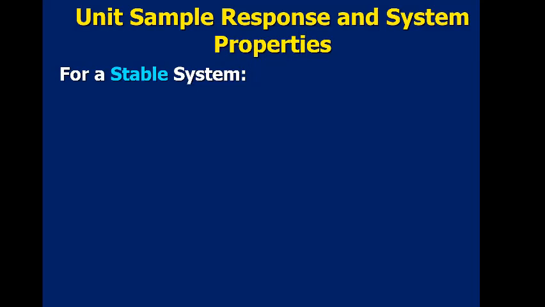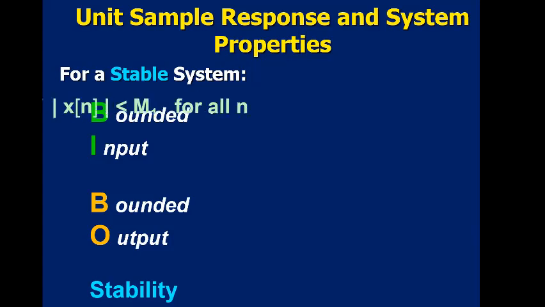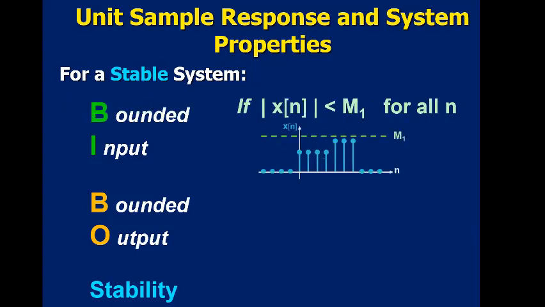We call that kind of definition of stability bounded input, bounded output stability, BIBO stability, which just means that if I put in a bounded input, any bounded input sequence, and by bounded input we mean all of the sample values of x of n, for all n, have absolute values less than some upper boundary.